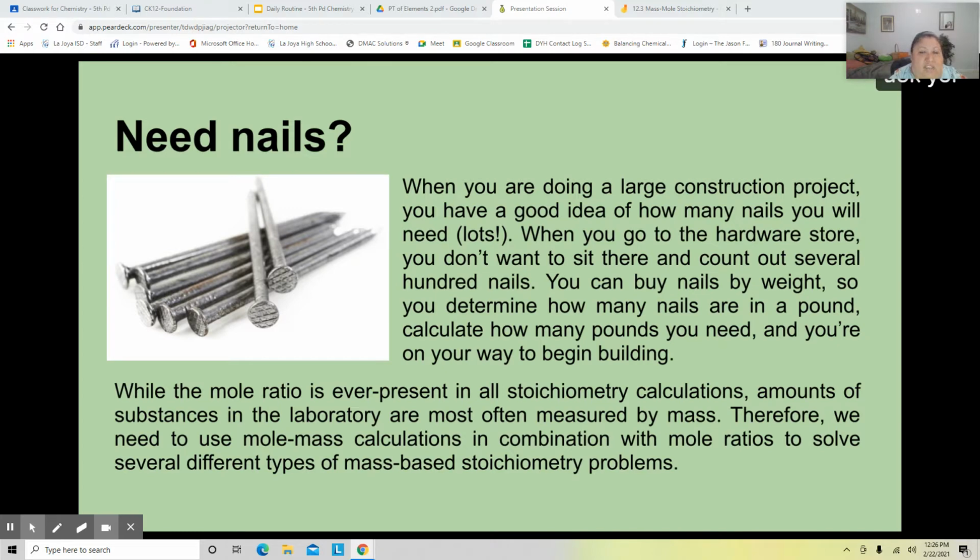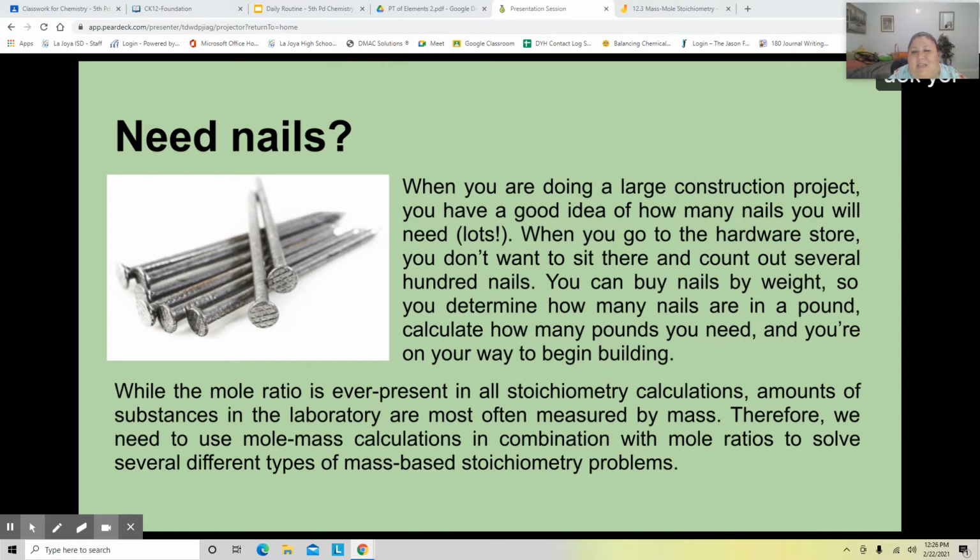He's gonna get a scale, and he's gonna be like, okay, let me figure out how many nails are in a pound. And let's say he figures out that there are 100 nails for every 1 pound. So he's gonna be like, okay, if I need 500, that means I need 5 pounds of nails.